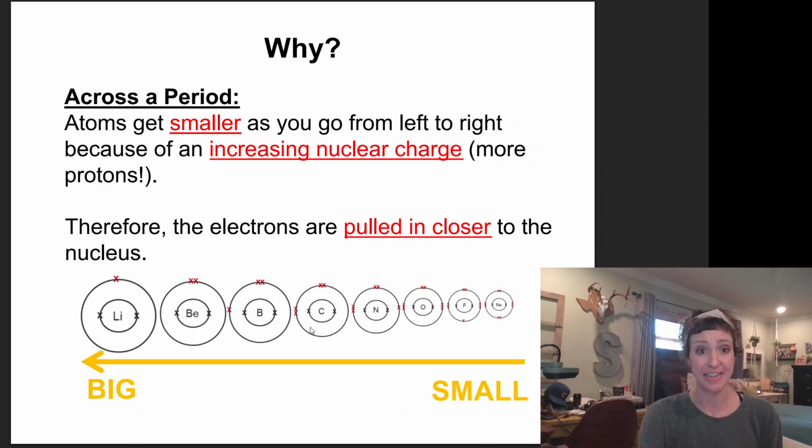So the way that we would say this is that atomic radius decreases as I'm going from left to right across a period. I can see here visually that I'm tracking this and it is getting smaller. But as I mentioned at the beginning of this lesson, my arrows always show the direction that the trend is increasing, to where I would see my big atoms over here to the left side of my period and my small atoms over there to the right.